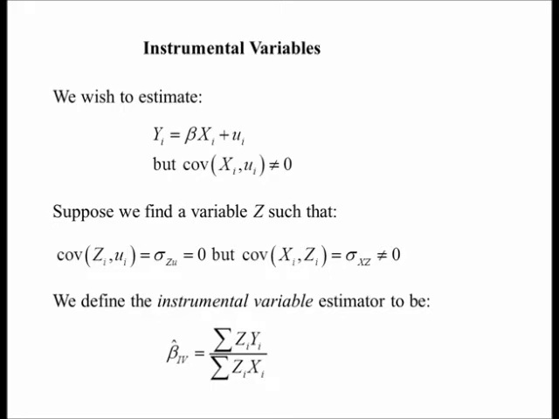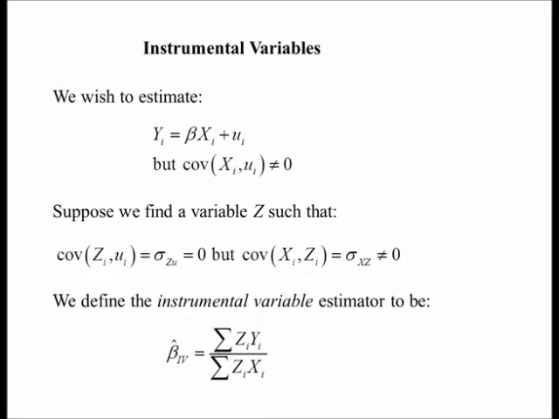Okay, so let's start off by defining what we mean by instruments or instrumental variables. Now, the standard problem is the one that we've just set out. We want to estimate an equation of this form: y equals beta x plus u, but the covariance of x and u is not equal to 0.